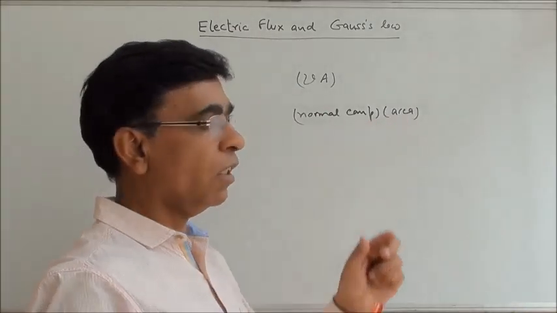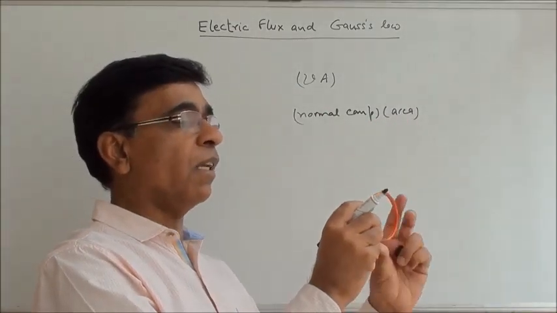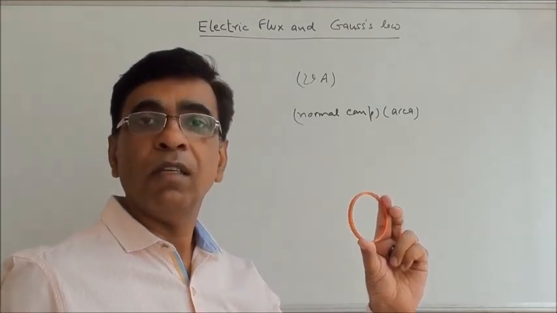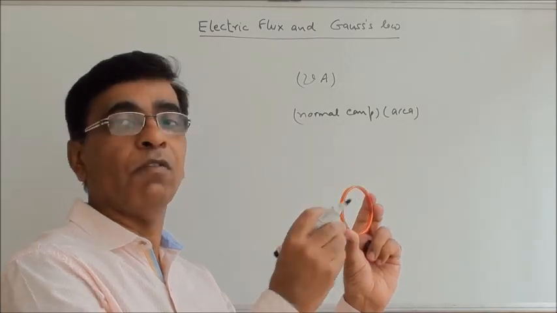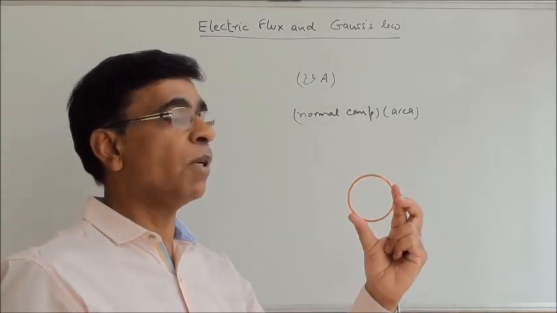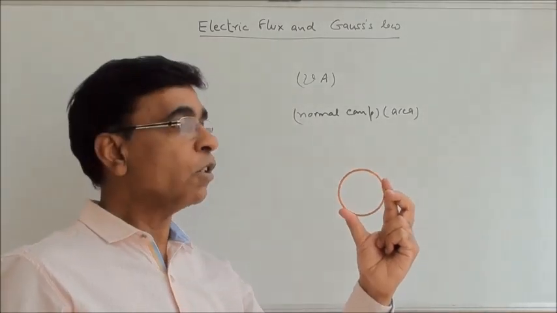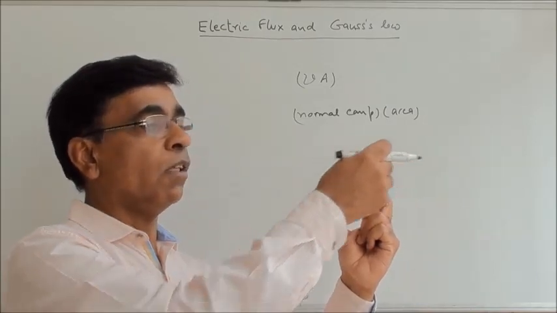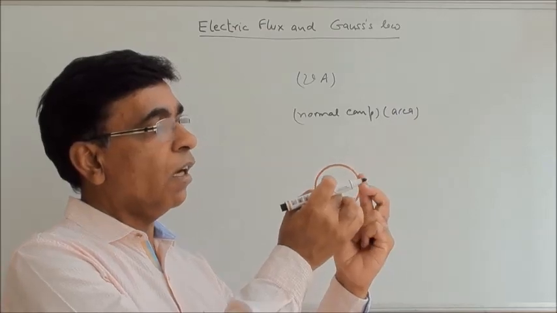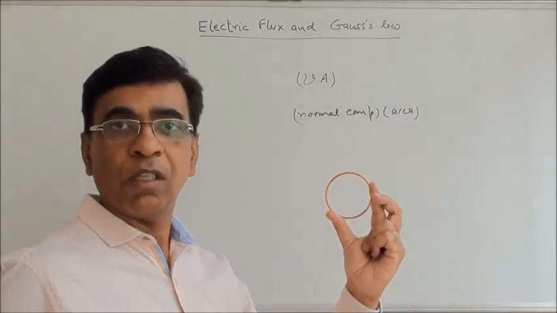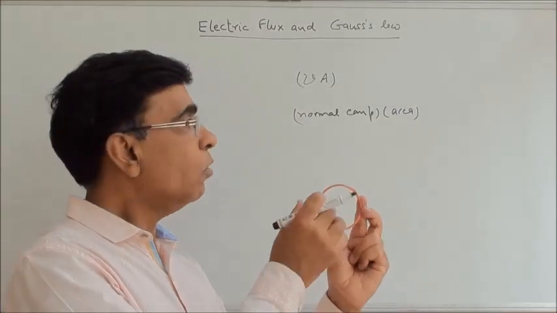Now if it is like this, then it is no longer VA, because I have to consider the angle by which it has turned, and in this particular case it is 0, because the component of velocity in the direction normal to the area is 0.